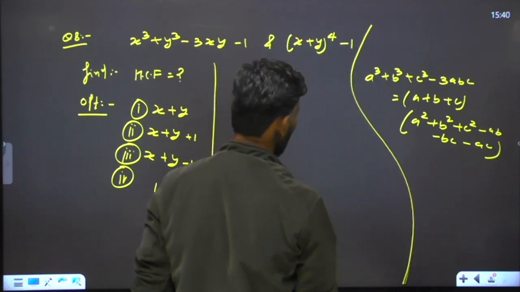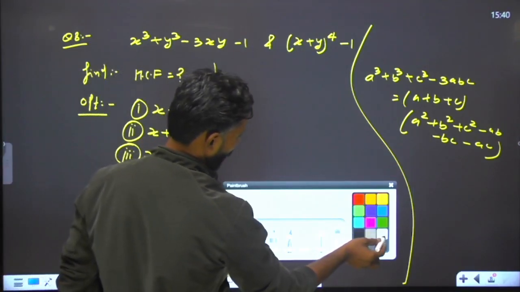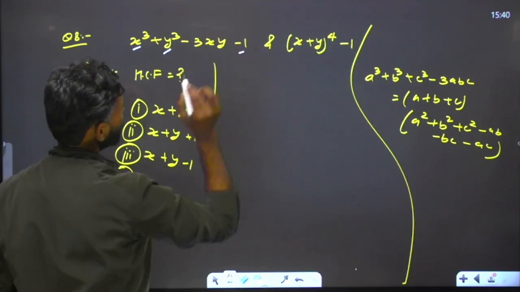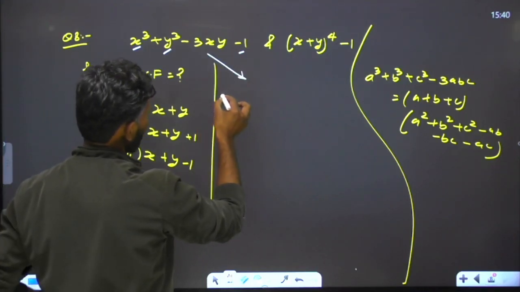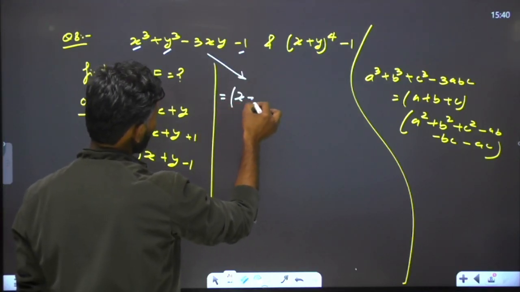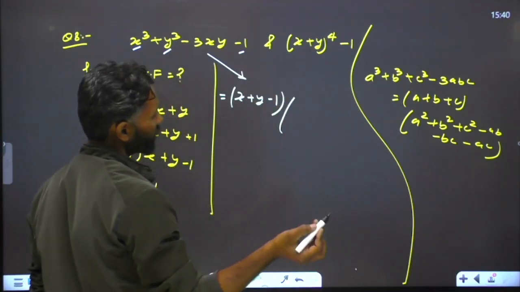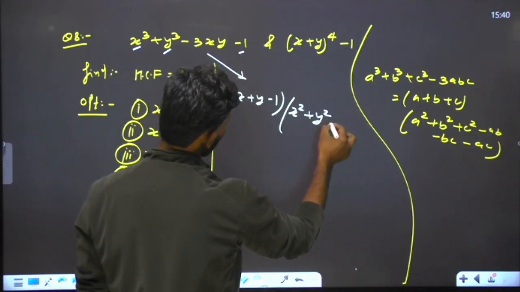So in the first function, you have to apply that formula. What is a cube over here? This is a cube, this is b cube, and this is c cube. Firstly, expanding this, it can be written as a plus b plus c. Then the next bracket: a square plus b square plus c square, so it is x square plus y square plus 1 square.